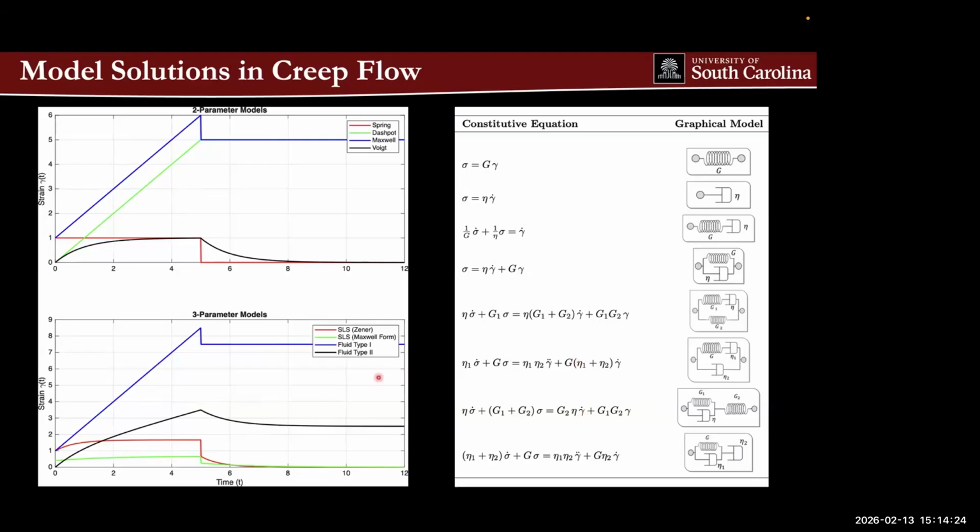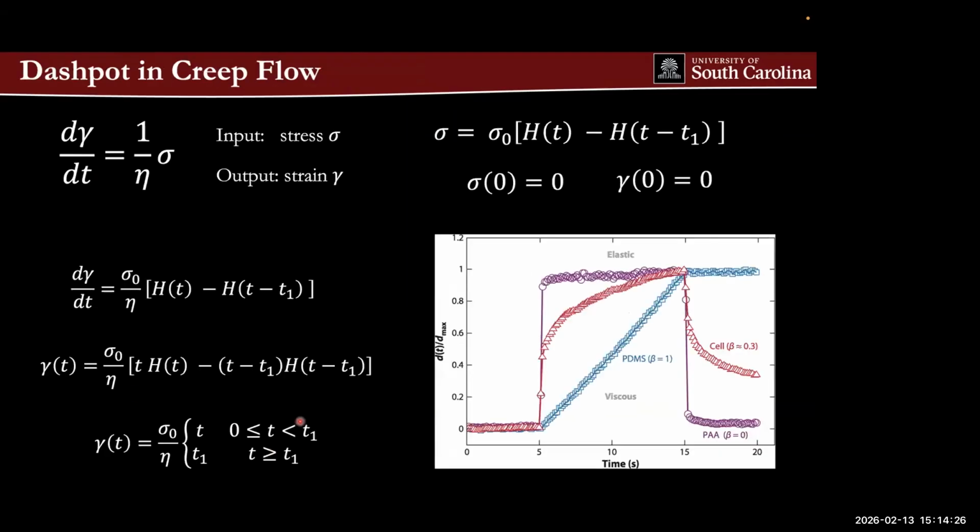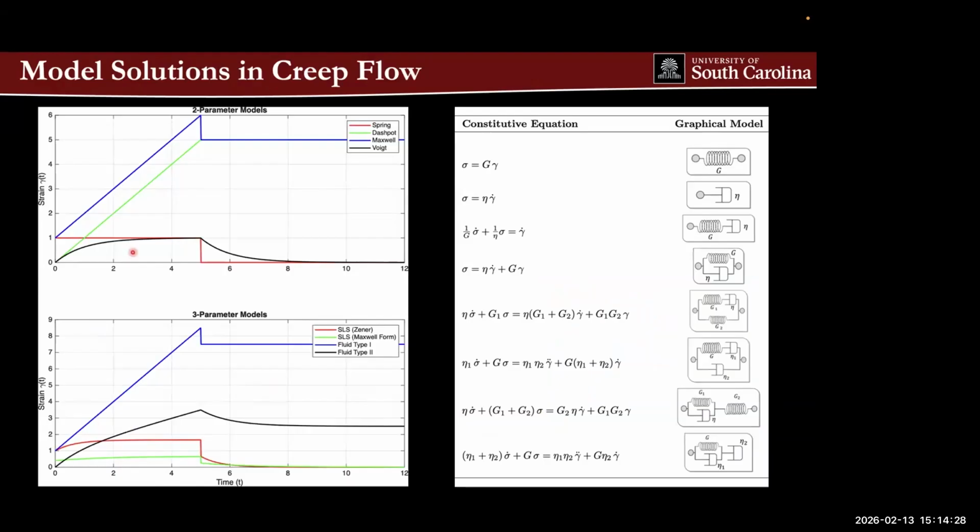So they need to solve the models and express the results in this form and then try to match them. If you see, for example, here, the two black lines on the top and bottom plots, both of them on the initial part are more or less the same, but after the recovery, the Voigt model actually goes to 0, while the fluid type model doesn't relax all the way to 0.